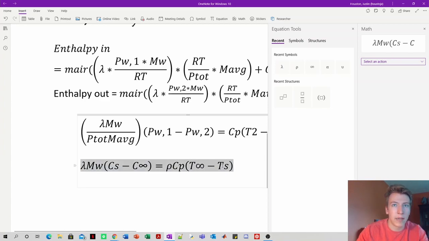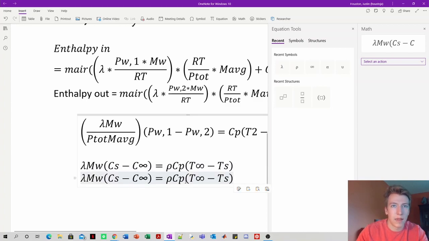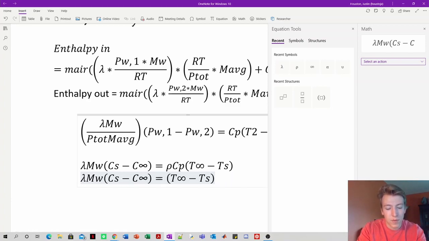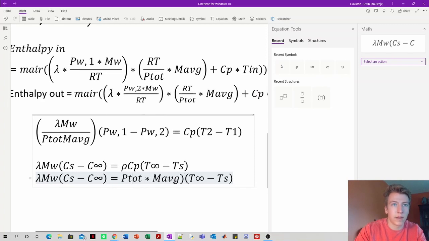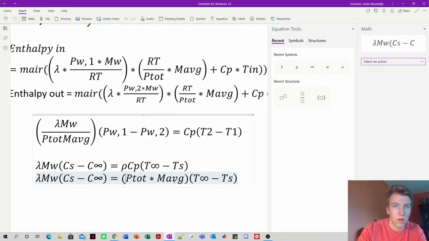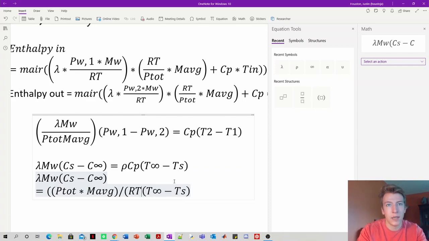I'm just going to copy and paste this to save some time. Keeping the left side the same, we know that we can change this rho CP to P total times the average molecular weight, and that's going to be all over, put these in parentheses, divided by RT.